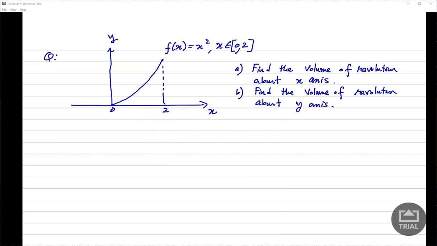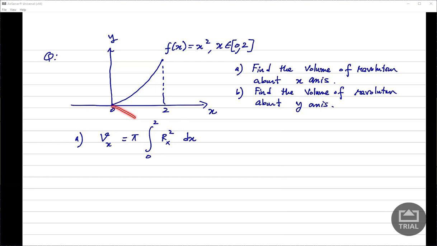Now, to do that, I would say V(x) is pi ∫ R(x) squared dx, and I have to give the boundary 0 to 2. That's good. Now, what is R(x)?